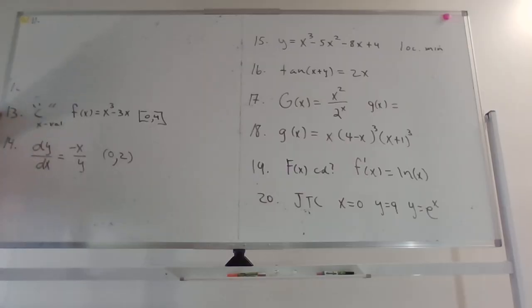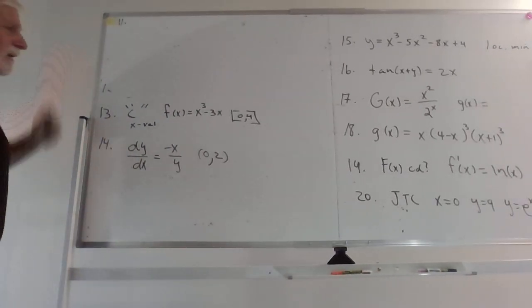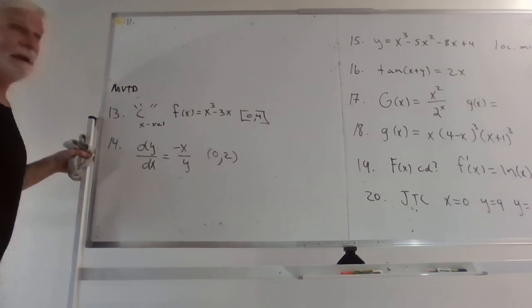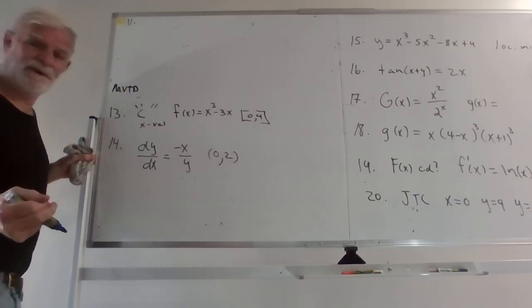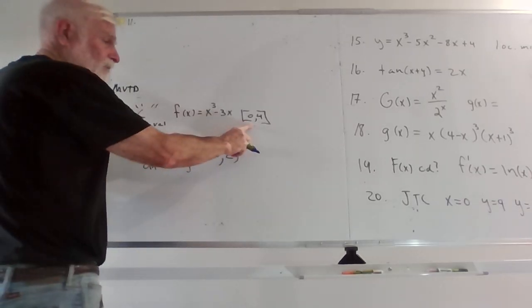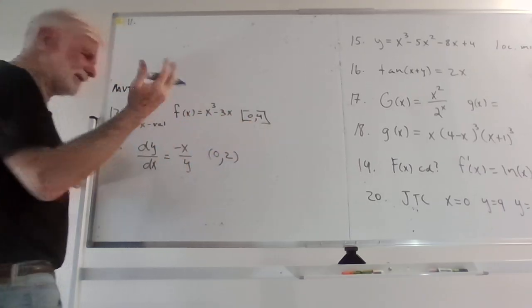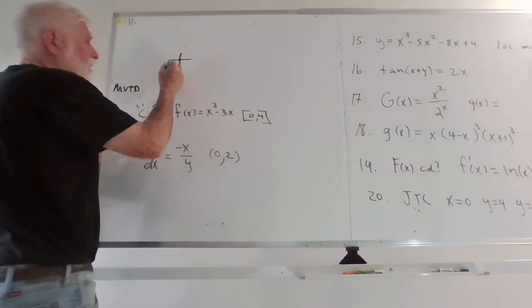13. Find the magic value for C here. Mean value theorem for derivatives. What does it mean to you at this stage? I hope it means where does the average rate of change equal the instantaneous rate of change? There's got to be at least one place, provided the function's continuous, which it is, and it's differentiable everywhere. That's basically what's going on. So I put a 0 into this function, and I get a 0 out.